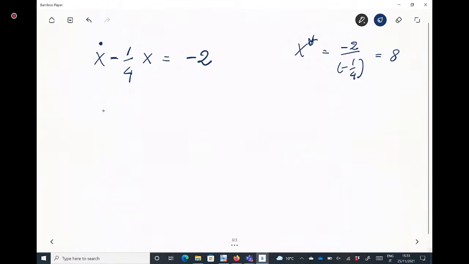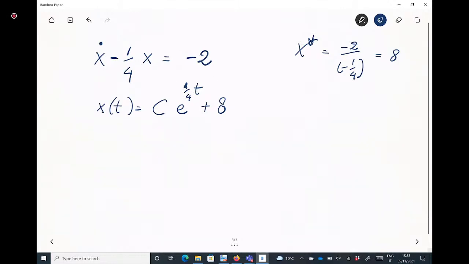But if we write down the general solution to this one, we get that x(t) is equal to c times the exponential of 1 over 4 t, again plus 8. Now things work very differently from the previous case because this is positive, okay?